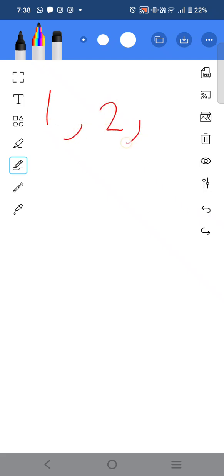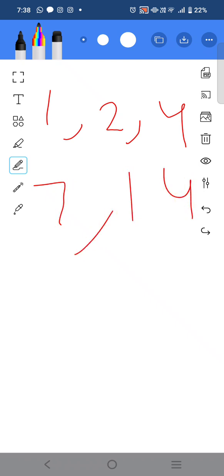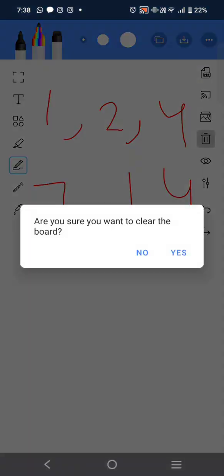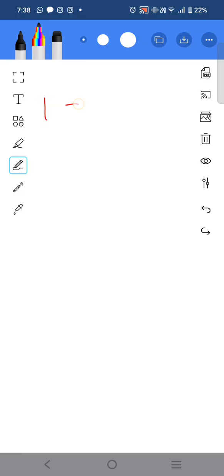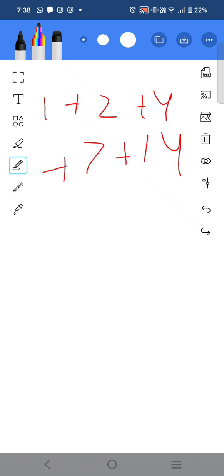So 1, 2, 4, 7, 14. That's it, because 28 is not going to be there. Now we are going to do the addition: 1 plus 2 plus 4 plus 7 plus 14. I know the answer is 28, but still, for your explanation, I'm going to do it.